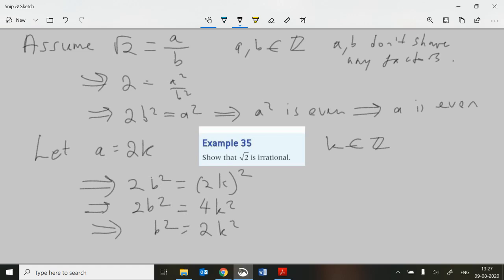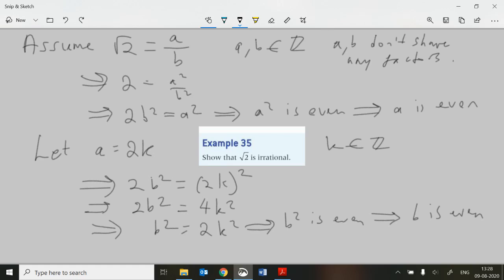Okay, so here we said this implies that a squared is even. Well, this now implies that b squared is even, which implies that b is even. But we said that a and b are co-prime. We said that they don't share any factors at the start.